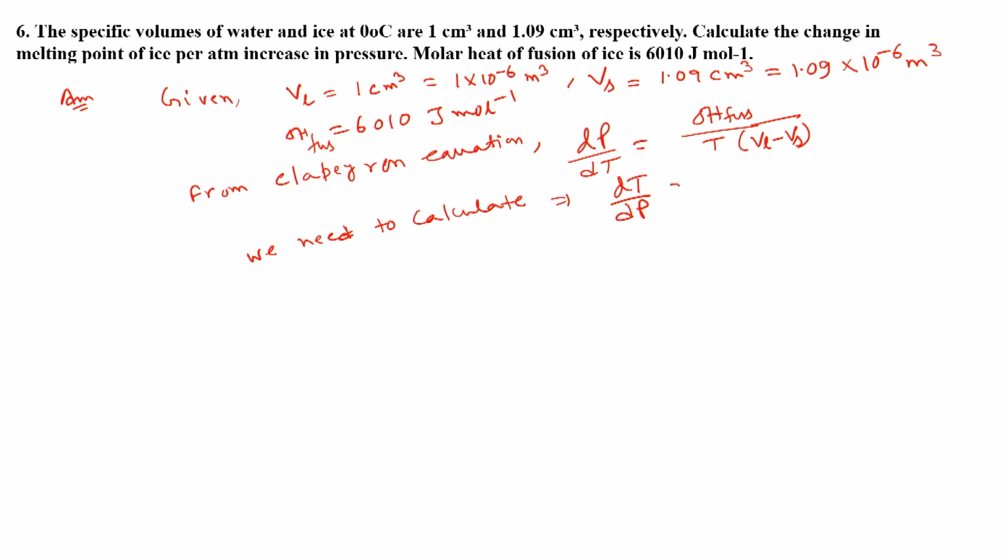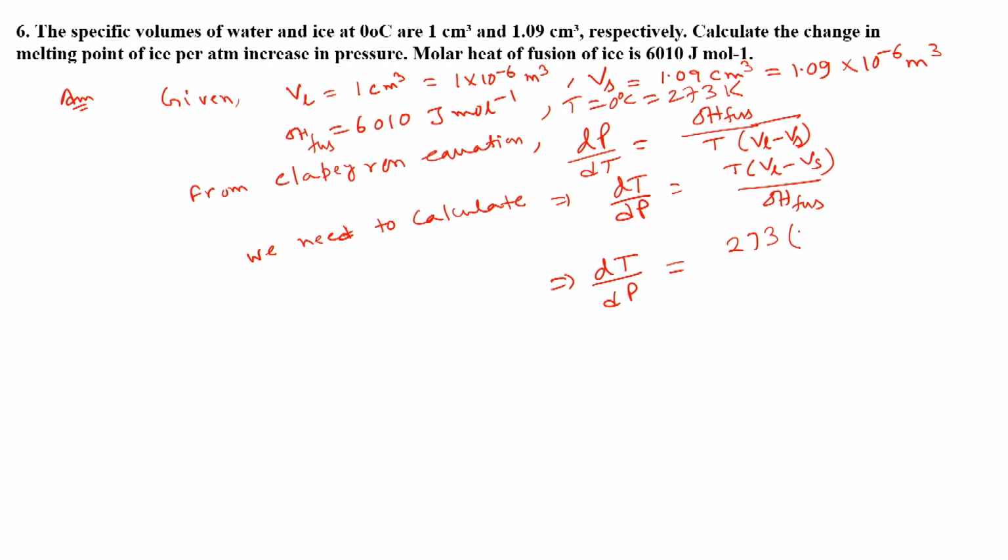So dT by dP is T times (VL minus Vs) by delta H fusion. Now if we substitute all those values here, T is 0 degree Celsius, so means 273 Kelvin. So 273.